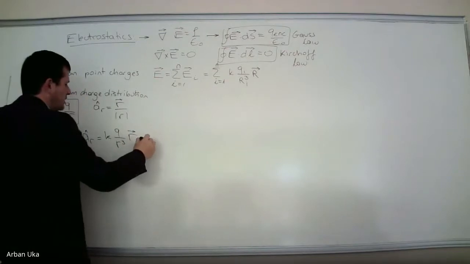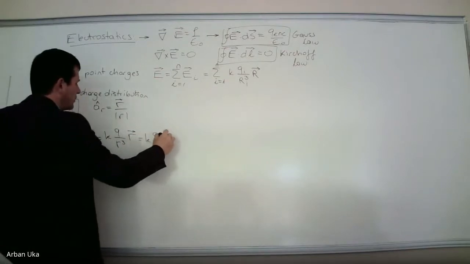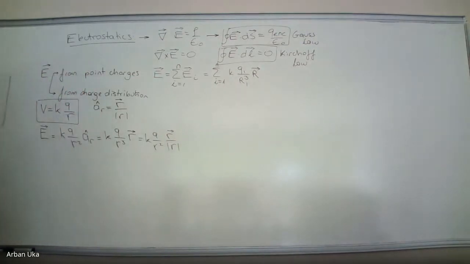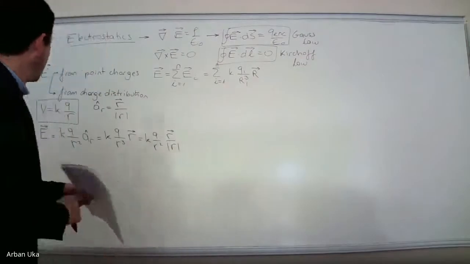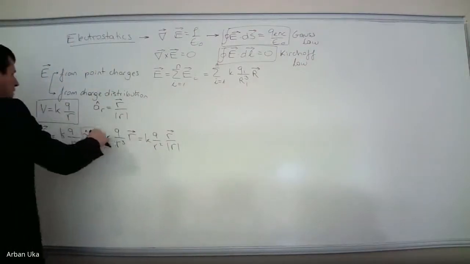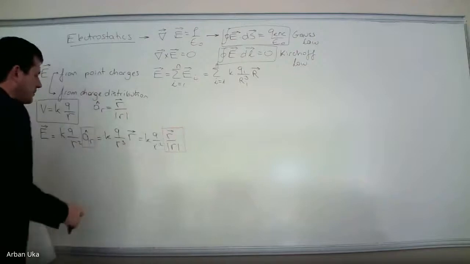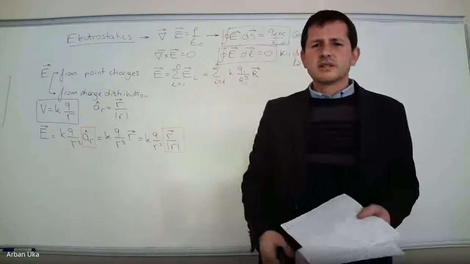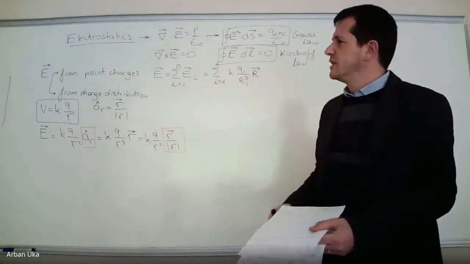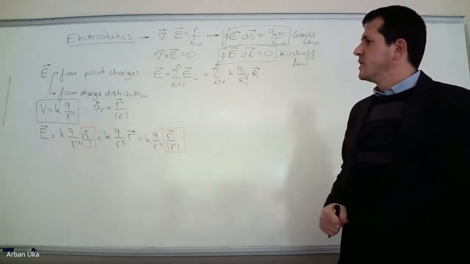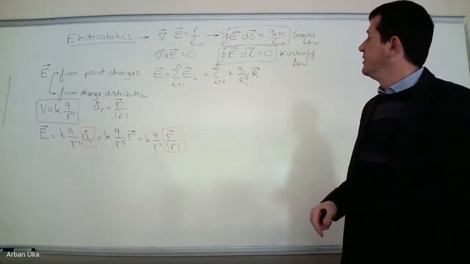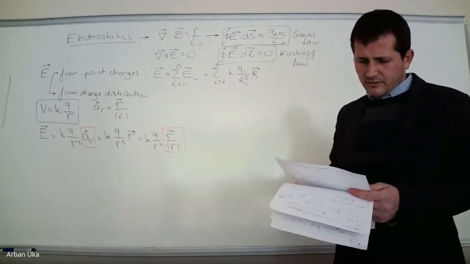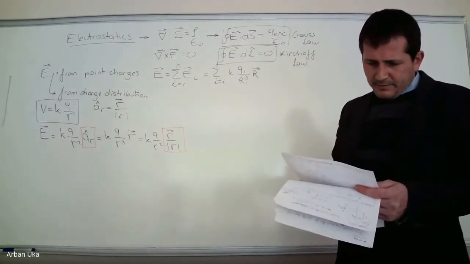Or just as a reminder, this is kq over r squared times ar. They are all equivalent, only remember that this term is equal to this term. Now, whenever the charge distribution has some nice property or some symmetry, we can calculate the created electric fields using the Gauss law because it helps a lot.